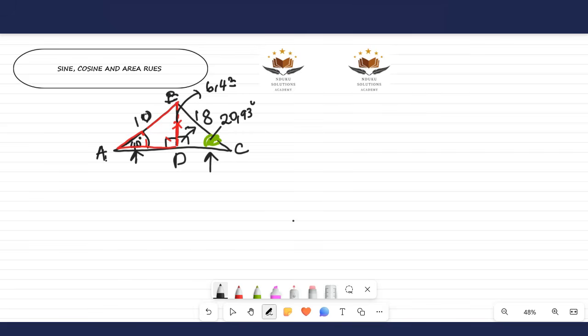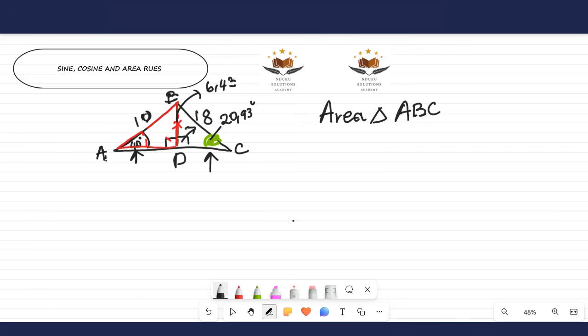If the examiner was to ask, can we find the area of this triangle ABC, which is the big triangle?